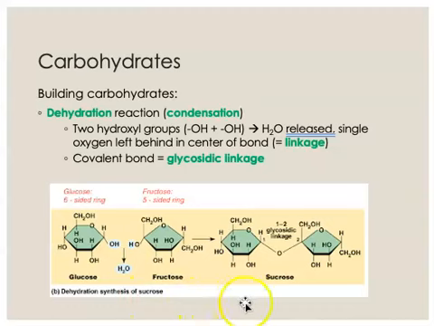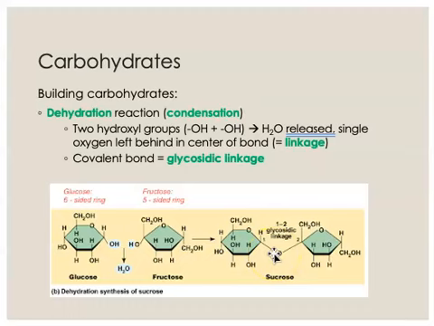If you move over to the other side of the reaction, you can see that covalent bond between the glucose on the left and the fructose on the right. This is an unusual looking covalent bond because it has an oxygen in the center. This is what we refer to as a linkage. It's still covalent, but it's different from what we ordinarily think of as a covalent bond.